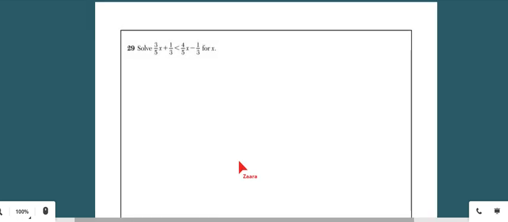Scroll down to the next question. Okay, we have to solve it for x, and we have to use the basic principles. Okay, so it's 3 over 5 x plus 1 over 3 is less than 4 over 5 x minus 1 over 3. So I am just multiplying both sides by 15.